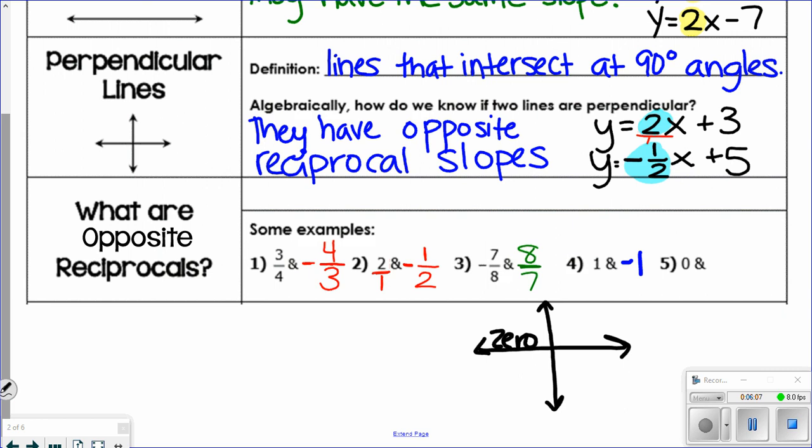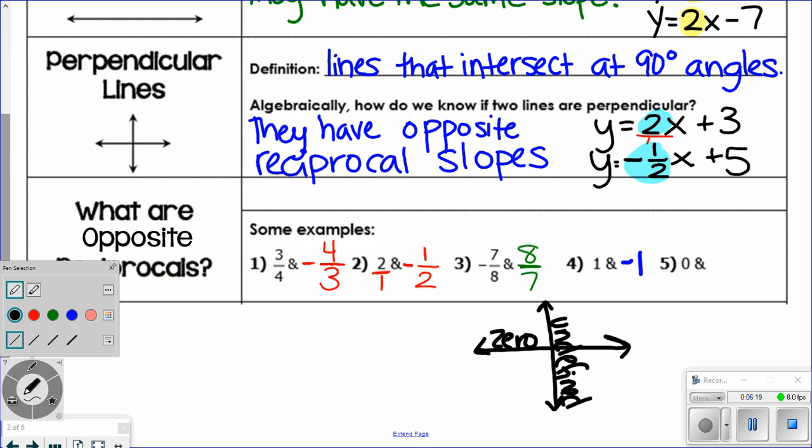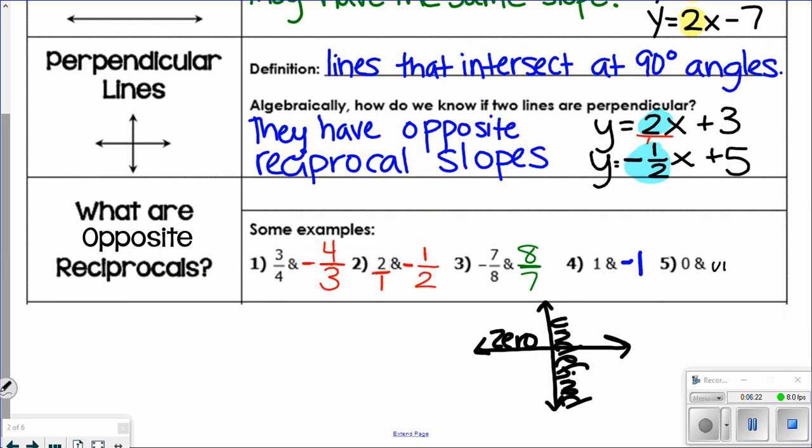Well, remember when he was falling off the cliff? What kind of slope was that? Undefined. Remember when he was yelling that? So the slope here for question 5 would be undefined. Hopefully that picture kind of helps.